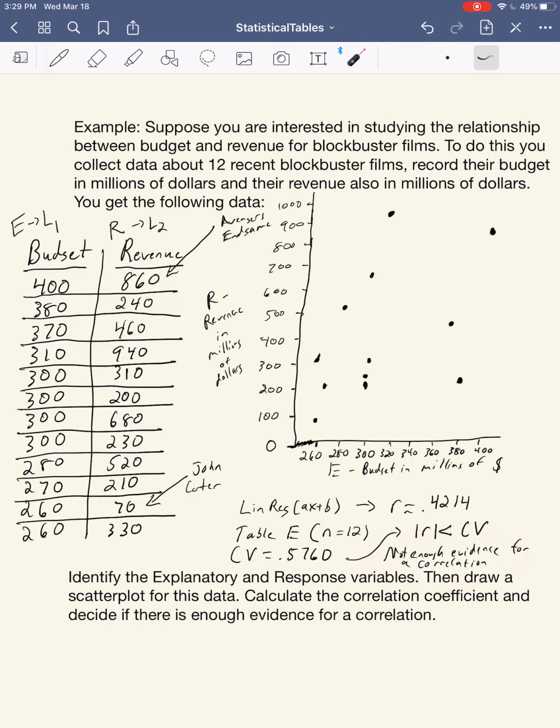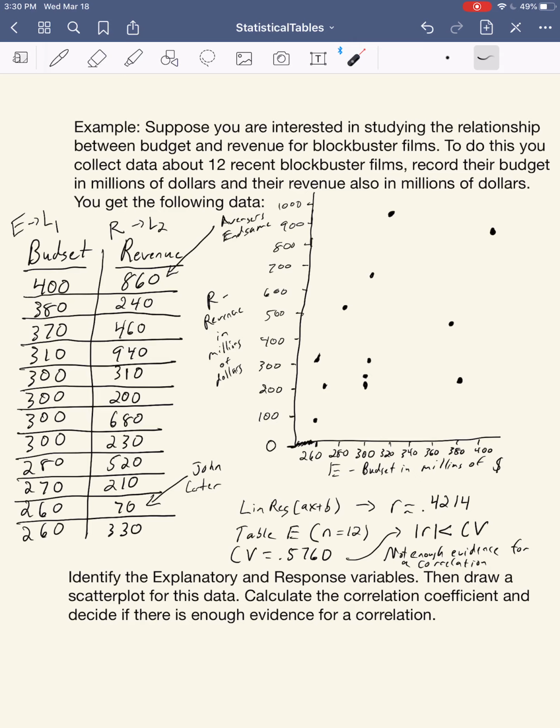So after all that work, what we've determined is that there's not enough evidence for a correlation. In other words, we are not convinced that the budget is really related to the revenue. Now that might seem like a disappointing conclusion, like we spent all this time to find out that these two things are not related. But you also have to remember that sometimes determining that things are not related is a result in and of itself.